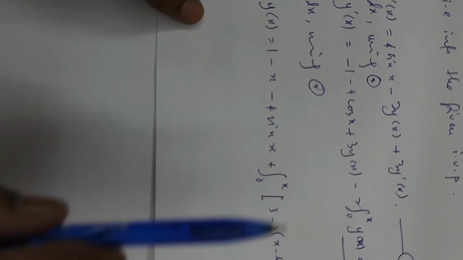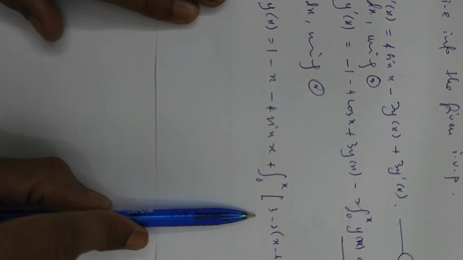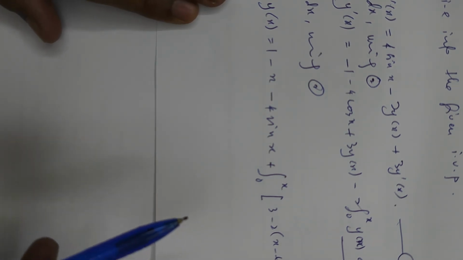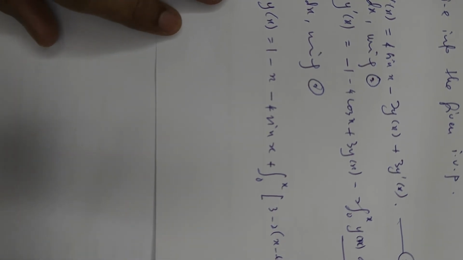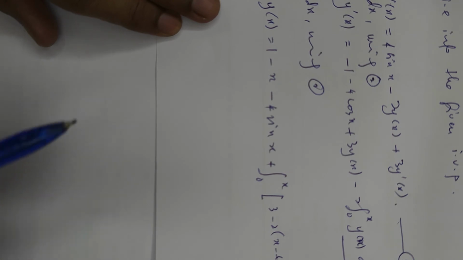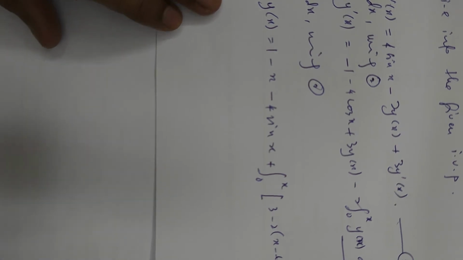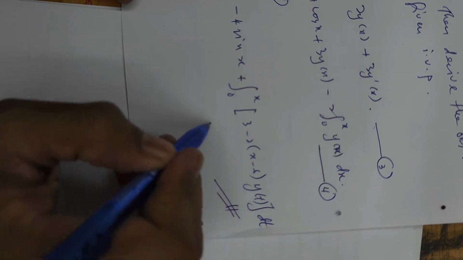So what we need to do there is just differentiate this, and then we need to use the Leibniz rule, and then again differentiate for the second time, again use the Leibniz rule, and then use the initial value to find the condition for the initial value. Right? Then we differentiate 5. Let's call this equation number 5.